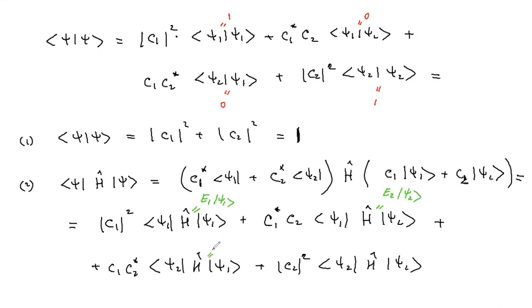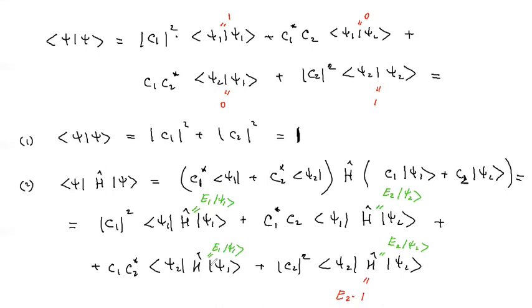Energy 1, psi1. And finally, the last one. Then, energy is a constant. I can move it out. And then if you move it out, you will have psi2 and psi2, yes? And then the result for this would be E2 multiplied by 1, because psi2 and psi2 is the same as here.